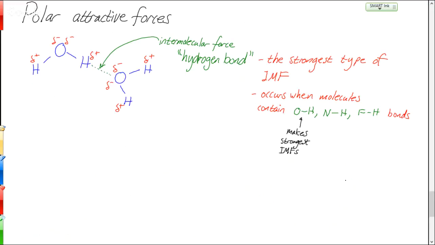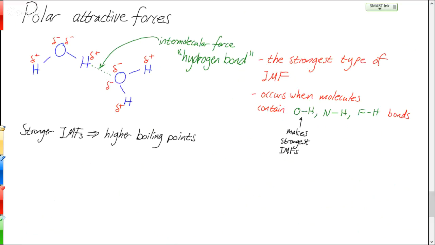The way that we can measure this or see it in action is by looking at boiling points. Stronger attractions, stronger intermolecular forces lead to higher boiling points. Why do you think that is?